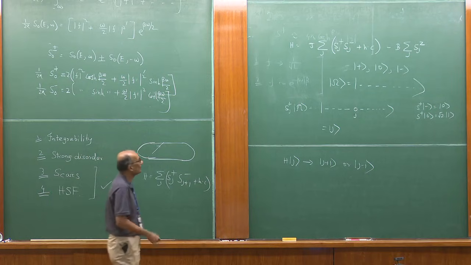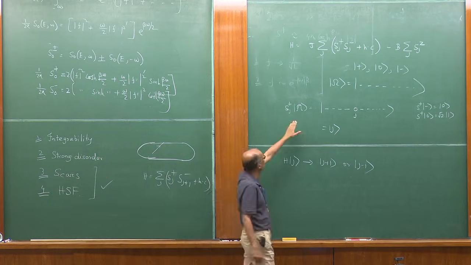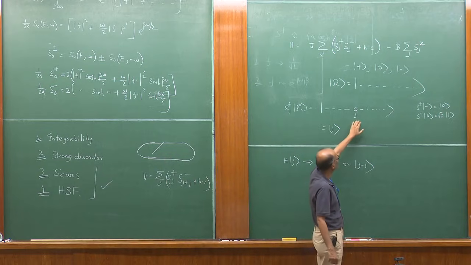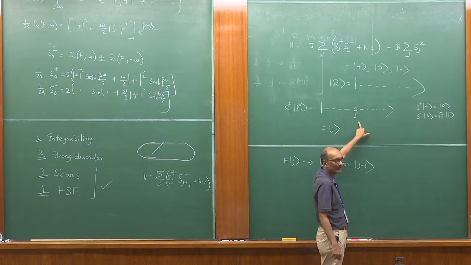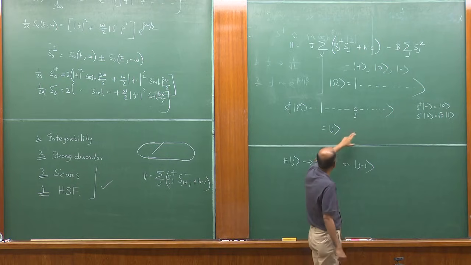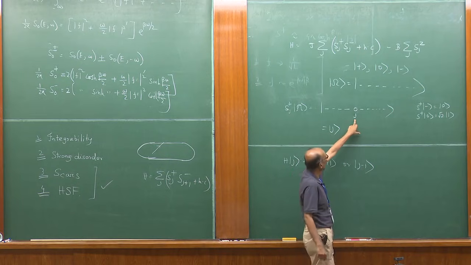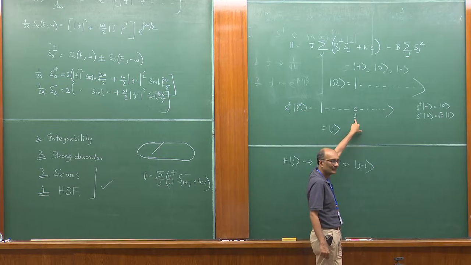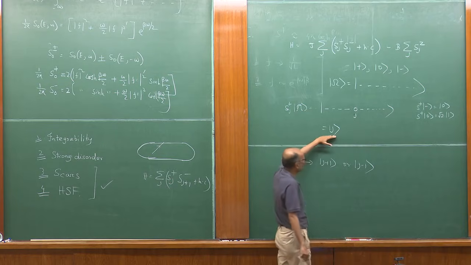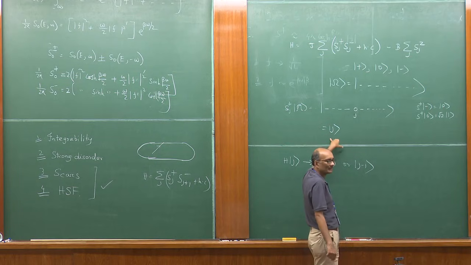So if I act with this S_j plus on this vacuum, you are going to get a 0. That you see, right? Suppose I do this at the jth site. Then this is a state called j. It's just the location of this 0 that gives me the state.